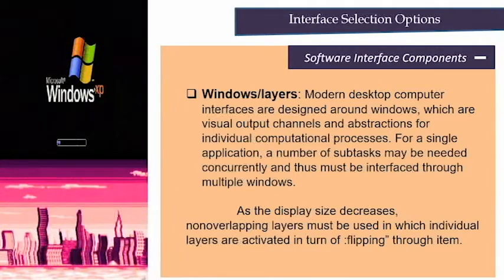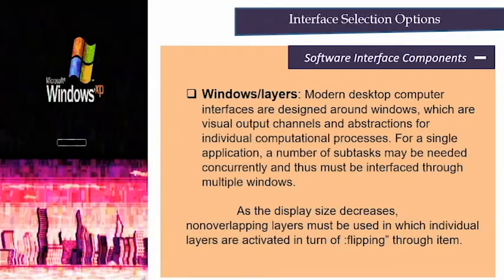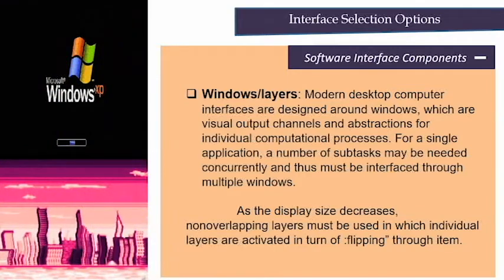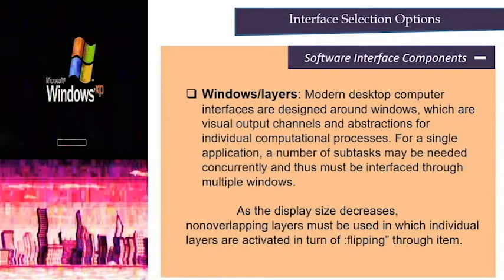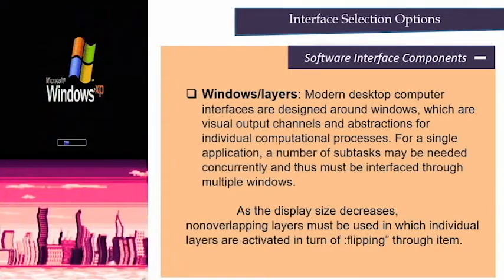So for now, unsa na po yung mga software interface components. So one here is Windows or the layers. Modern desktop computer interfaces are designed around windows, which are visual output channels and abstractions for individual computational processes. So for a single application, a number of subtasks may be needed concurrently and thus must be interfaced through multiple windows.